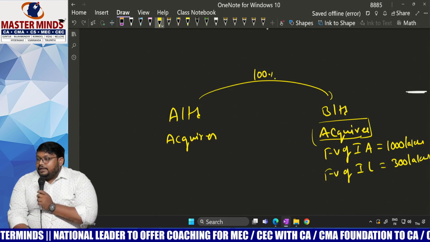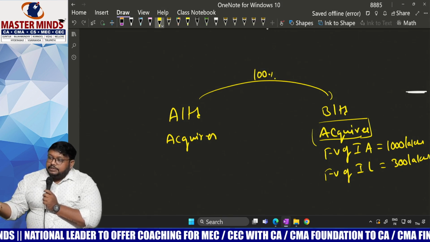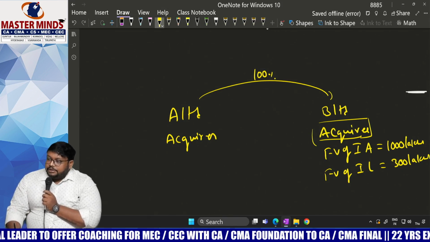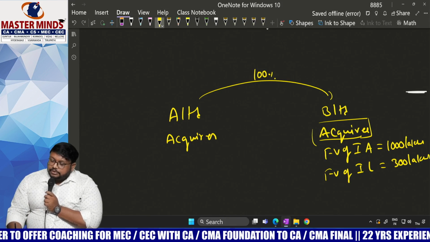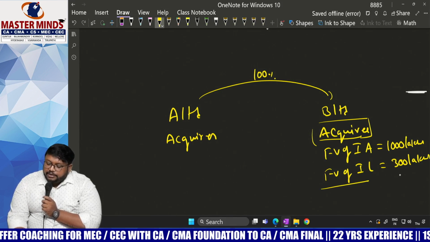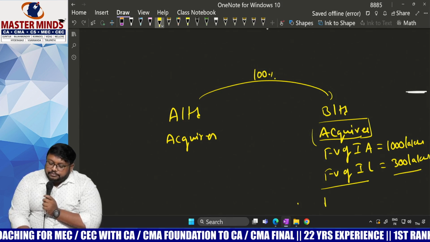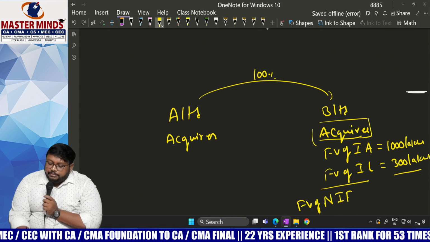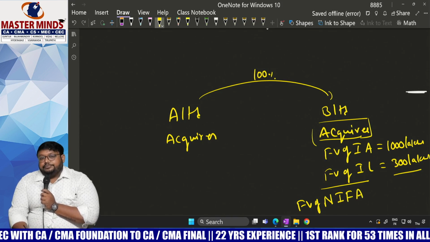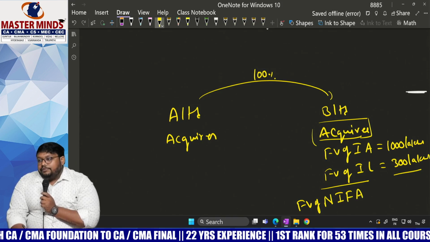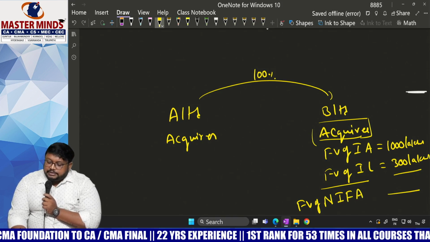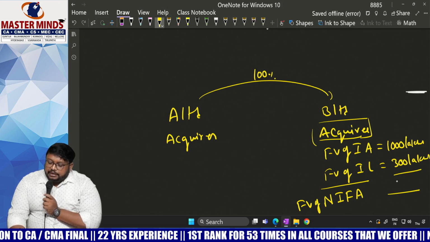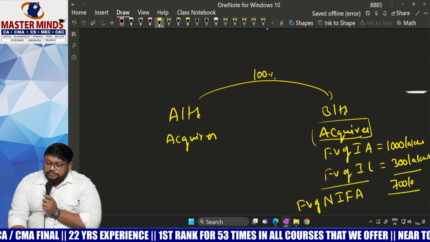So the fair value of net identifiable assets, NIFA, which is nothing but identifiable assets minus identifiable liabilities, is 700 lakhs.